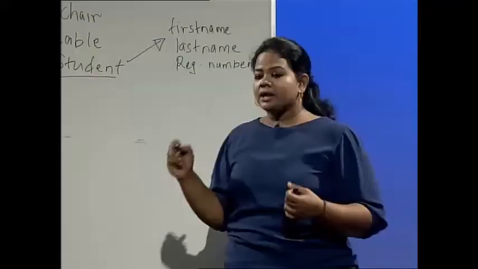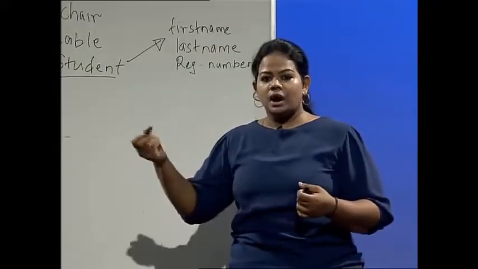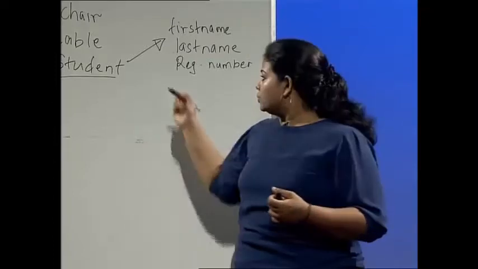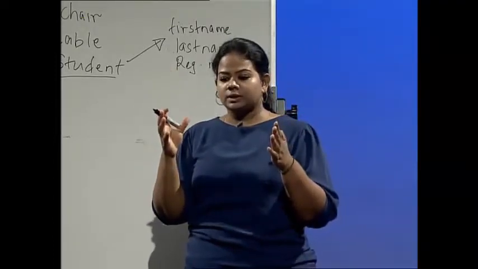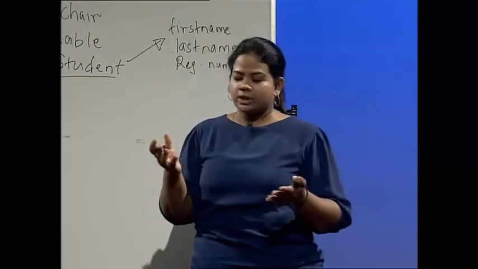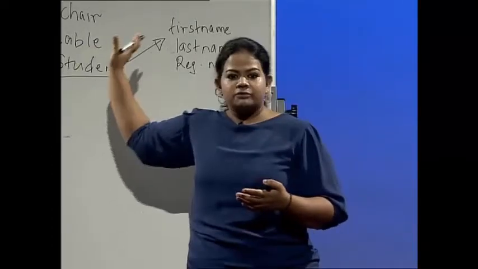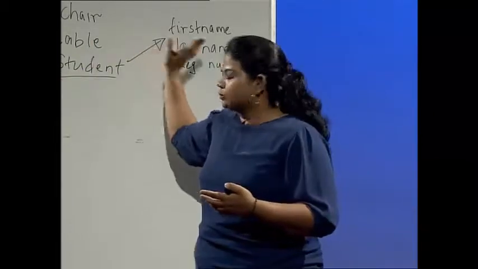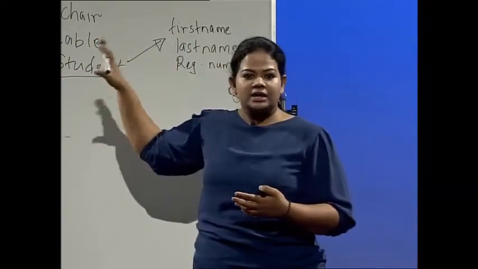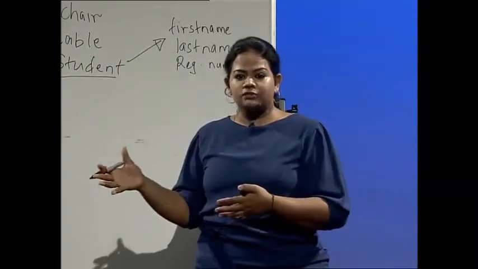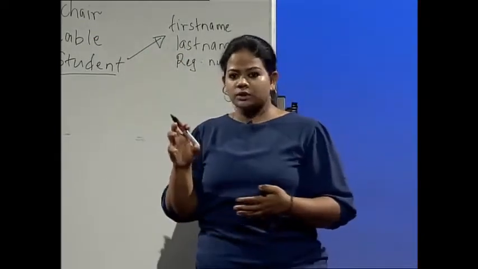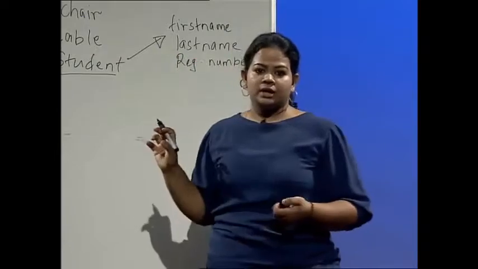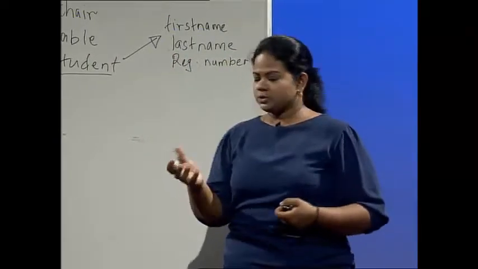When we are developing software, when we think about the properties, we always focus on the particulars of the student. We don't go into the Facebook account or any other things that are not necessary for developing the software. We don't include those. So, the basic ones we include in the properties, or rather the attributes.